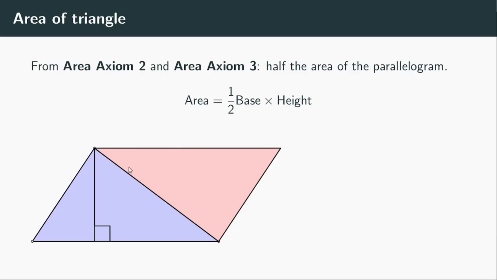This gives me two congruent copies of my original triangle. I have the original purple one, and then I have this sort of pink second one. I've dropped the altitude here because that's going to be useful for us. And now we apply the theorem about the area of the parallelogram to conclude, right? So we have 1/2 of the base, and the base here is this.